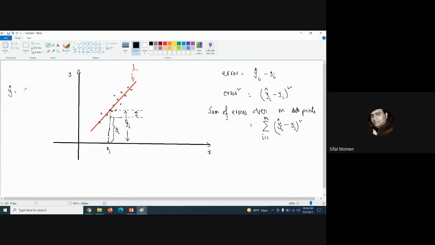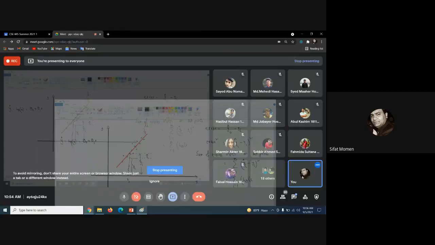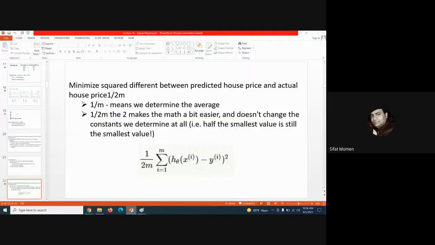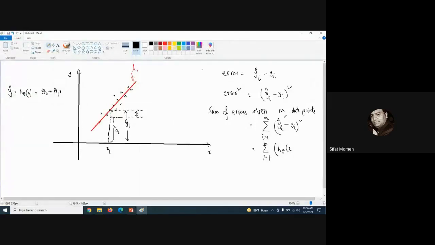Y hat is denoted by h theta x, which is equal to theta naught plus theta 1 x. Correct? So I can also write this as sigma i equals 1 to m of, in place of Y hat, h theta x minus Yi. Often we also write the i on top, xi, the ith x, minus yi, the ith y.